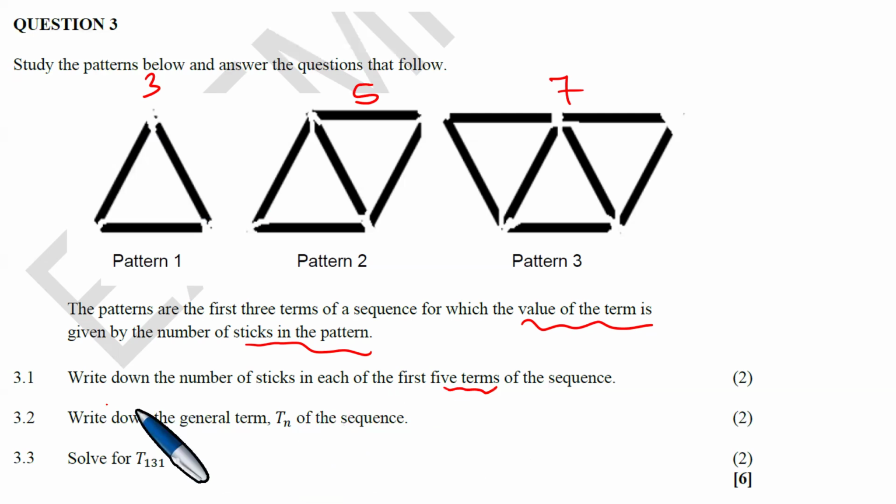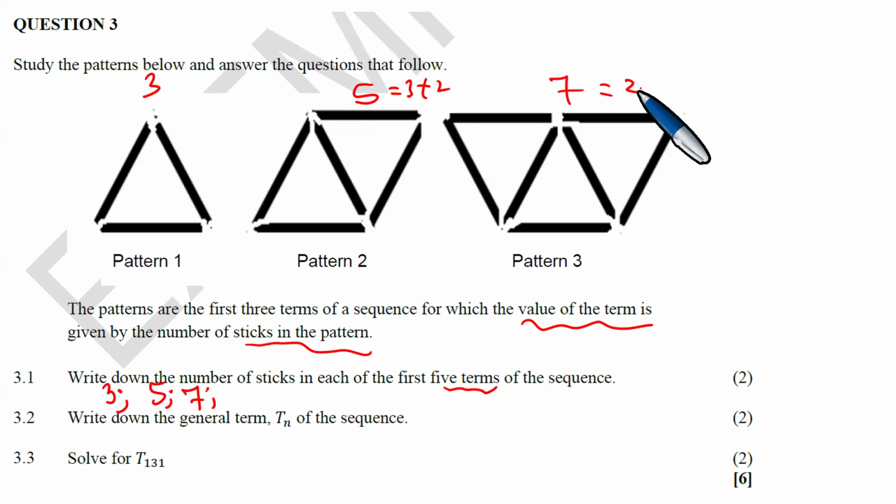Okay, let's start. The first one is 3, right? The next one is 5. After 5 is 7. After 7 is what? Okay, so you can see that they're increasing by what? Because now it's 3, then it is 5. It increased by 2. Well done.